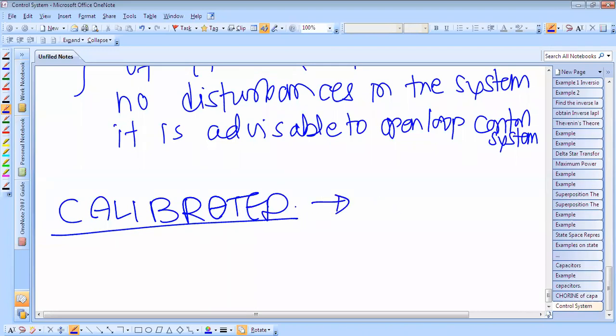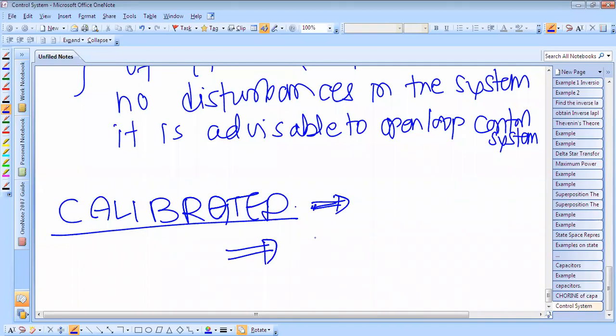Therefore that is the disadvantage of this open loop control system: if there is a disturbance and changes in the calibration of the equipment, then it will cause errors and the output may be different from what we expect. And to maintain the required quality in the output, recalibration is necessary from time to time. Okay, that is the disadvantage of the open loop control system.